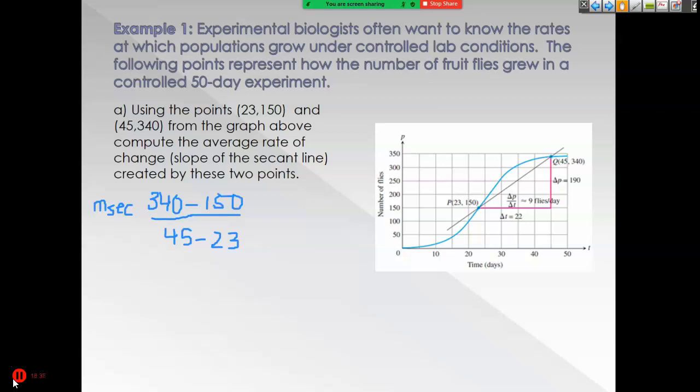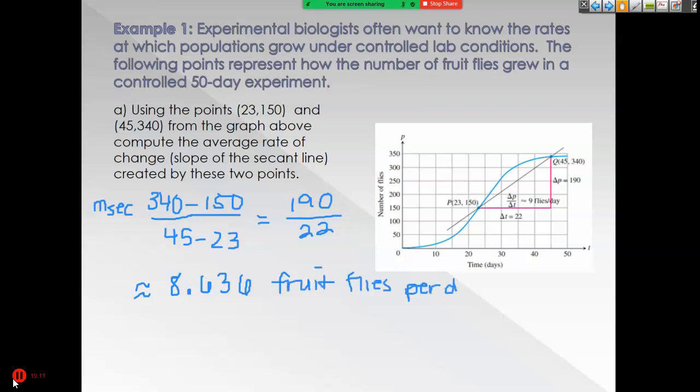So we have 340 minus 150 over 45 minus 23, which means that there were 190 new fruit flies over 22 days, which on average is 8.636 fruit flies per day.